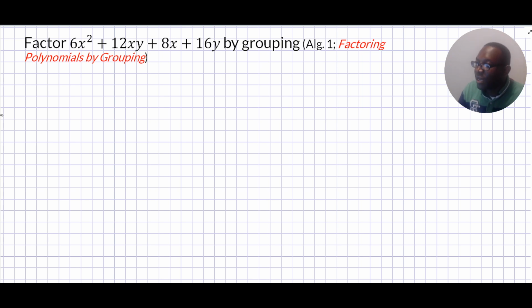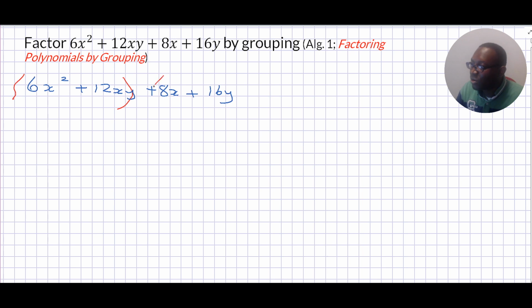Okay, so let's go ahead and write this and start to solve it. So we have 6x squared plus 12xy plus 8x plus 16y. I'm going to create my groups: I'm going to group right here, and I'm going to group here.